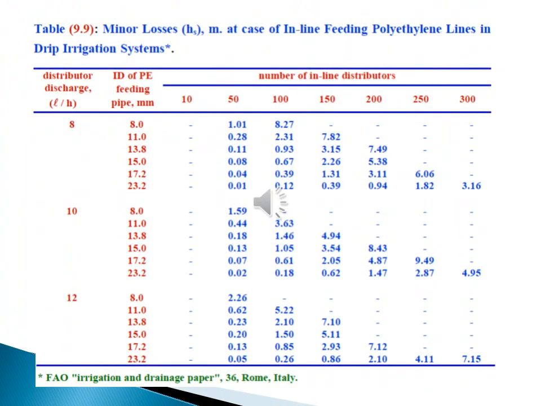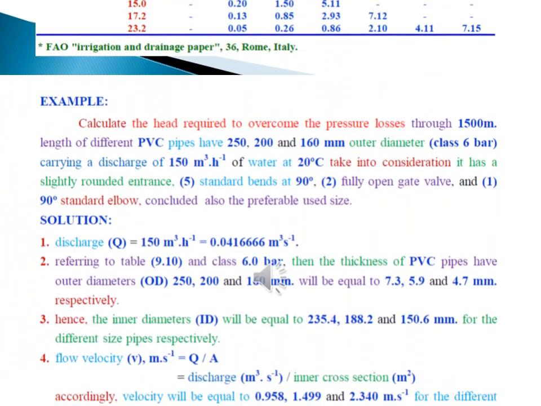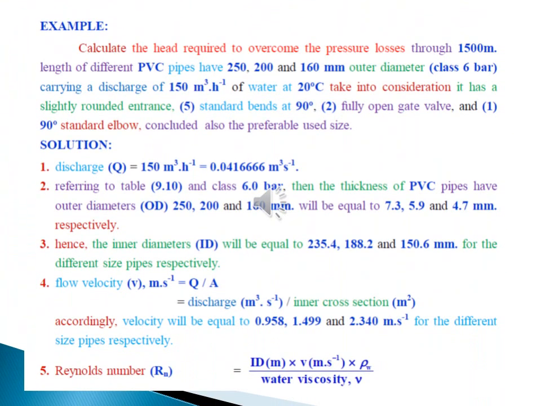Table showing minor losses per meter in the case of inline feeding polyethylene lines in a drip irrigation system, with distributor discharge of 8, 10, and 12 liters per hour. Look and take care, my dear. It is a very important subject which will assist you to design an irrigation system practically in the field.